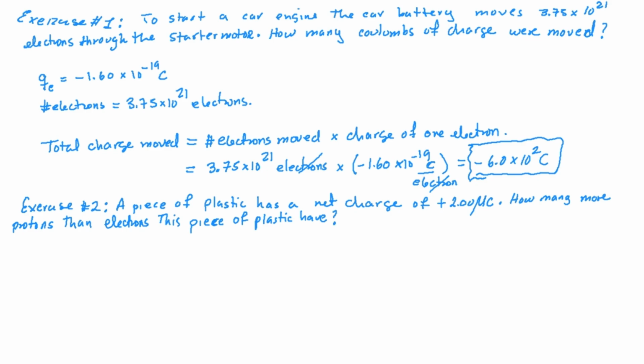Right? Now, what information will I give you? I will give you that the charge of one proton is equal to the charge of the electron but positive. So if I have to find now how many more protons than electrons we have in this piece of plastic, what would you propose to do? What do you think we should do? We know the total net charge, that is 2 microcoulombs positive.